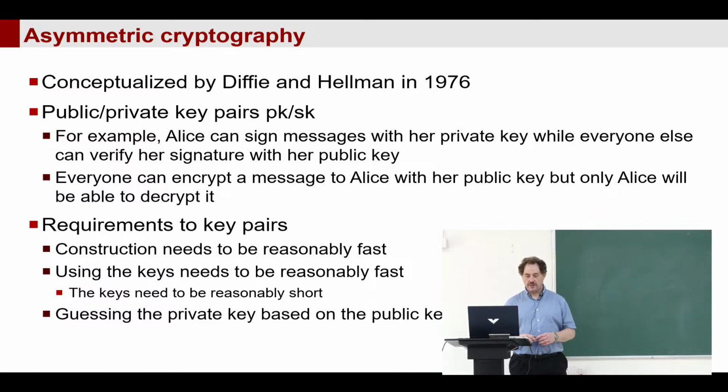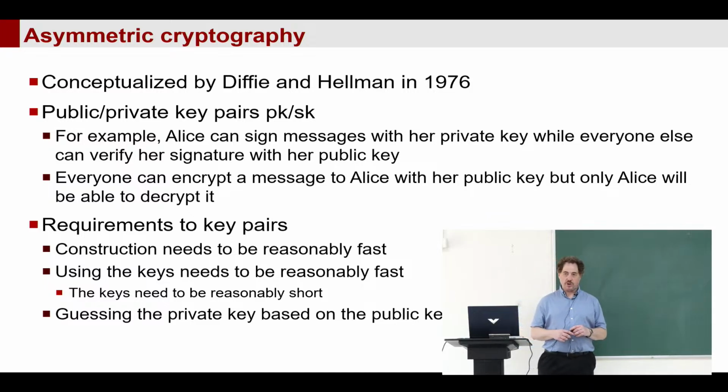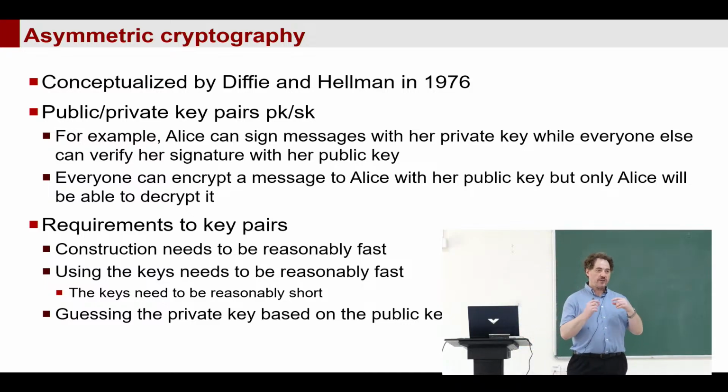The other use is that everyone can encrypt the message to Alice with her public key, but then only Alice will be able to decrypt it and read the message, no one else. So the use of public cryptography in blockchain is so typical because the blockchain is not based on one-to-one interaction, where say symmetric cryptography might be more applicable.